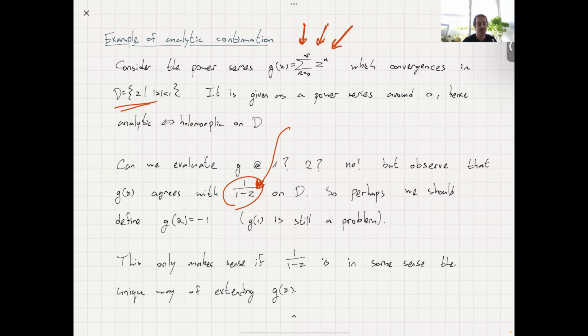Namely, if you ask what is the analytic function that's defined, say, on the entire complex plane excluding 1, or even on some ball that contains 2, because I want to evaluate at 2, but also contains, of course, the original ball D, so some ball around the origin of radius larger than 2, and you ask, what are the analytic functions that extend G? There's only one such function, and it's this one.